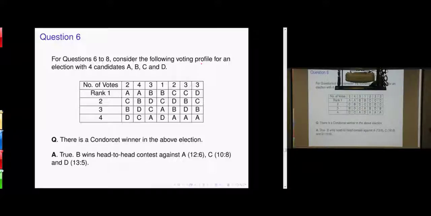Wait, D beat B, right? How many people put D above? So then there's no Condorcet winner. Sorry, so I'll change it. So this is no.